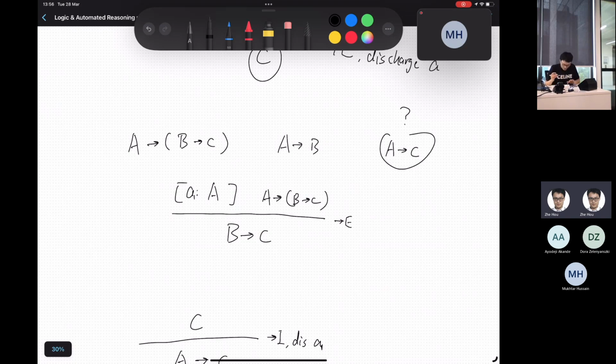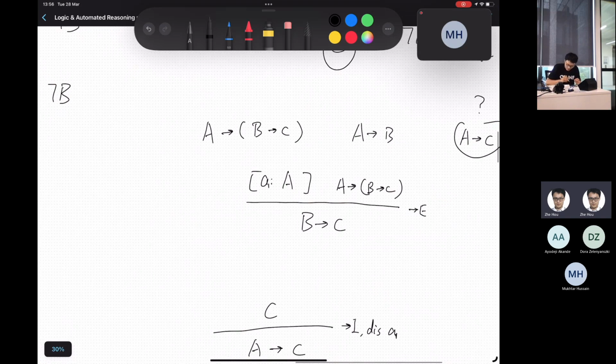And now we can do something more. We've got this assumption. This comes back to your question, what if I want to use it twice? You can use it as many times as you like. So you can copy that here, and that's the same assumption as that one, so I give it the same name, A1.